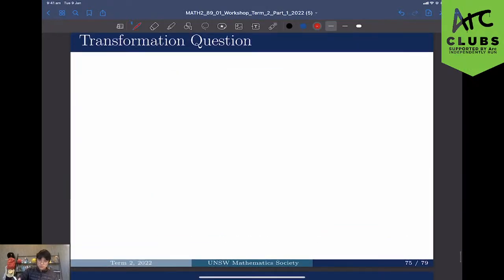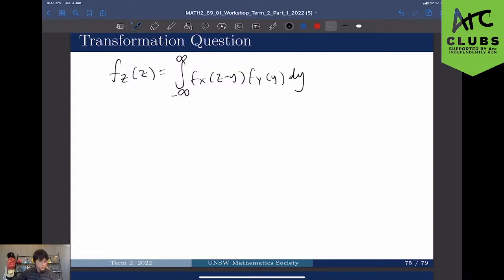So I'll just quickly write it here. Just recalling the formula for the convolution method for continuous functions, we have this formula.